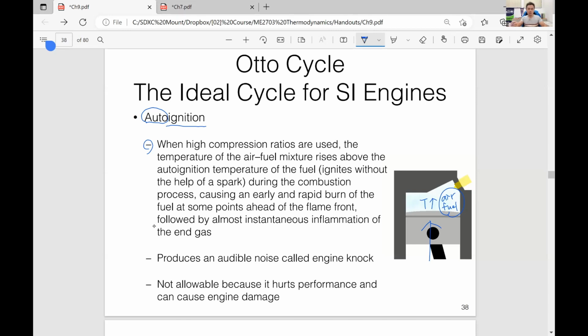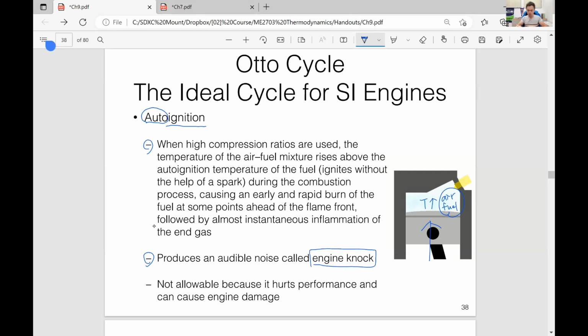This causes an early and rapid burn of the fuel at some points ahead of the flame front, followed by almost instantaneous inflammation of the end gas. What happens if the auto ignition happens? It produces an audible noise called engine knock.